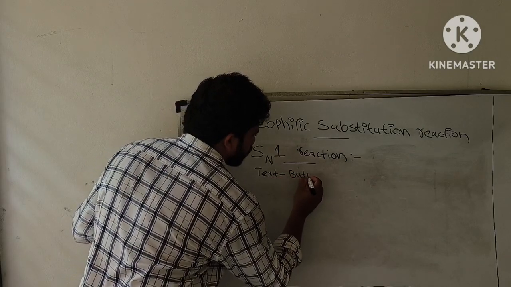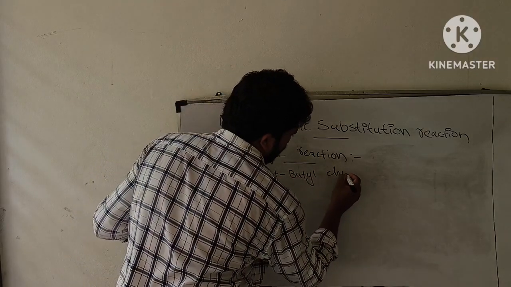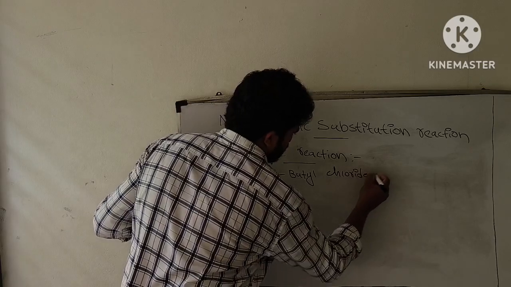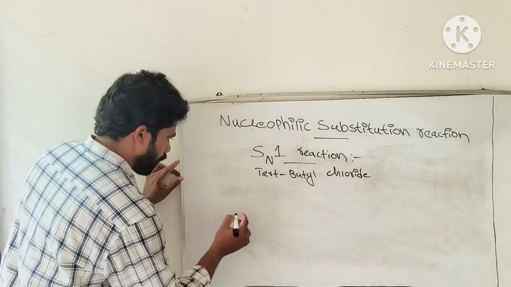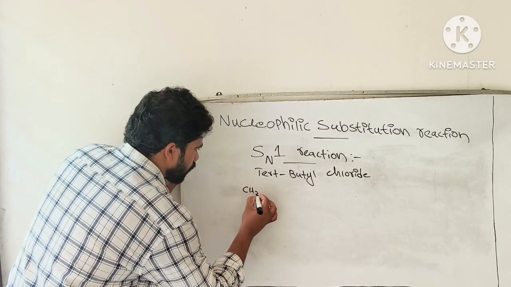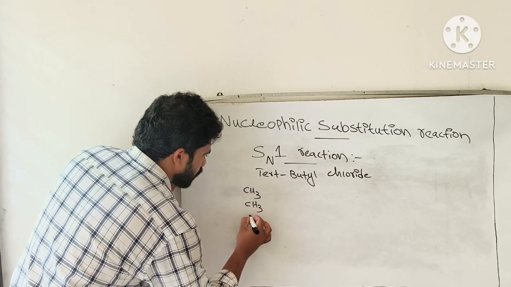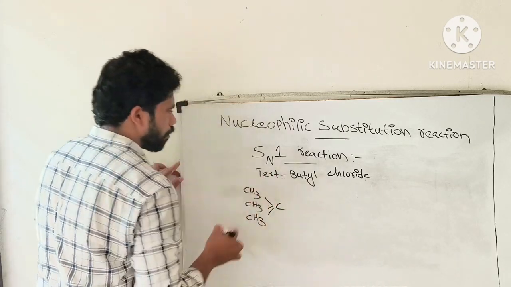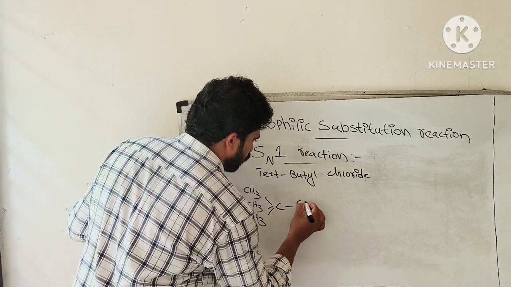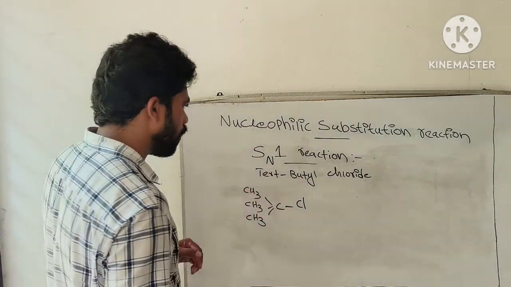Tertiary butyl chloride is an example of an alkyl halide for SN1 reaction. Okay, so (CH3)3C, because it's a tertiary alkyl halide and one carbon, then I have to put one chlorine. Chlorine is the halogen.